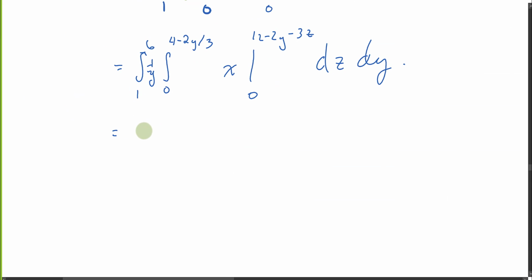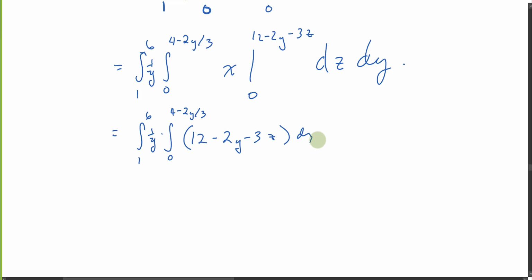So this gives us the integral from 1 to 6 of 1 over y times whatever this comes out to be, integral from 0 to 4 minus 2y over 3, and then this integrand 12 minus 2y minus 3z, dz dy.